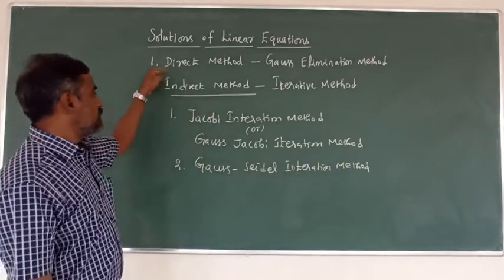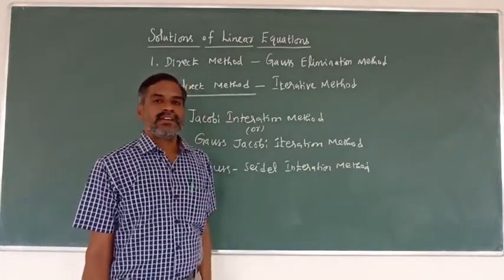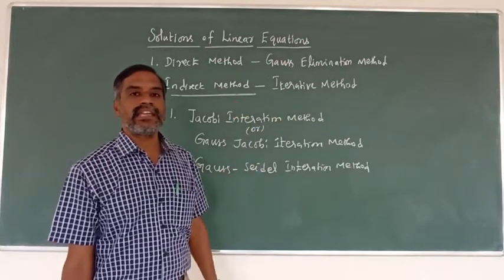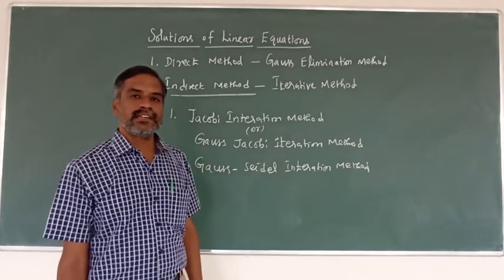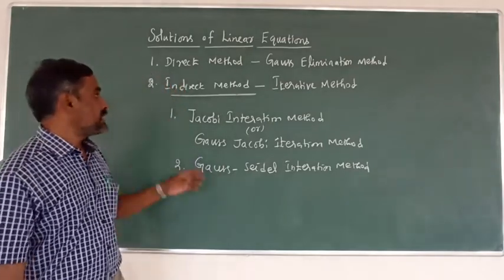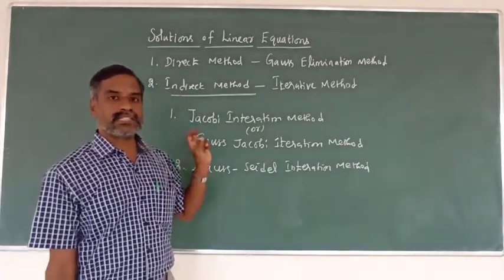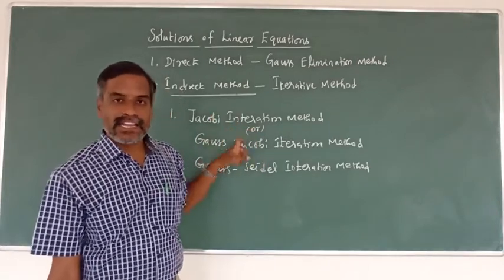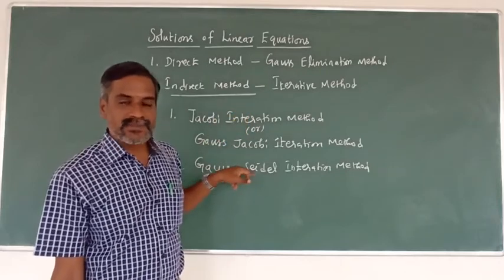Now the difference between these two: the direct method means we substitute the constant value into another linear equation to solve the given simultaneous equations. Here the value will be constant. But in the iterative method, the first iteration result is substituted into the second iteration, and then the second iteration result into the third.